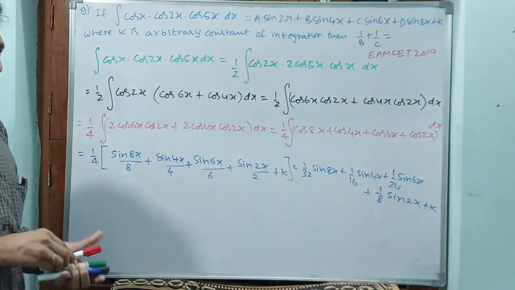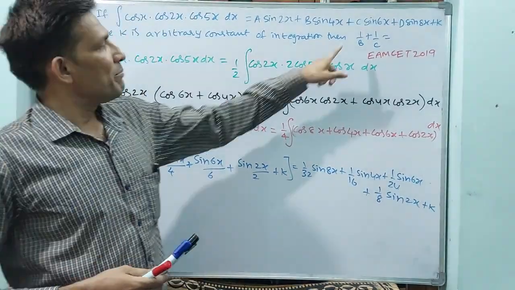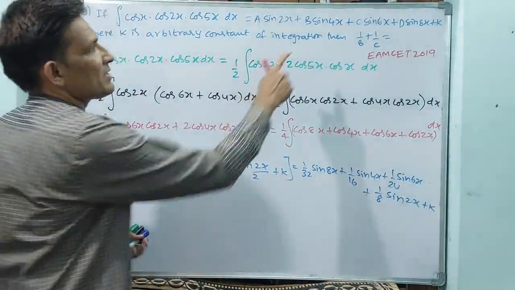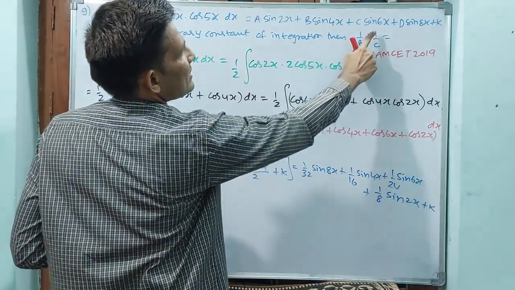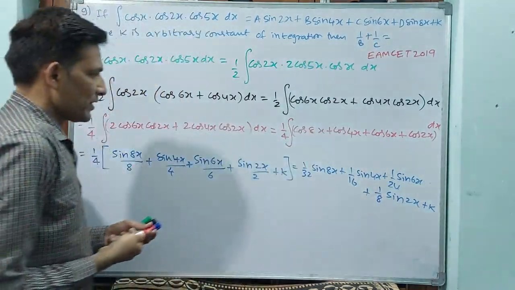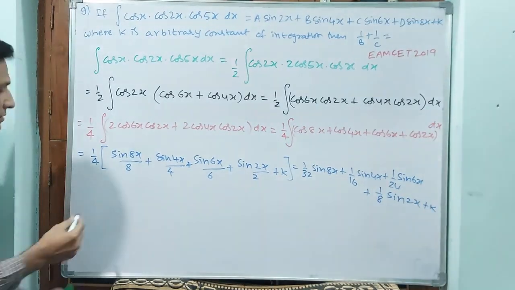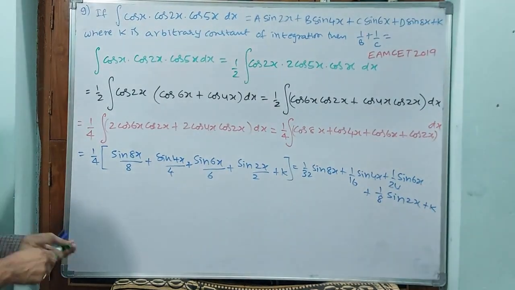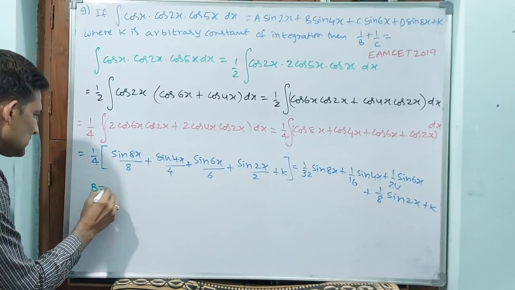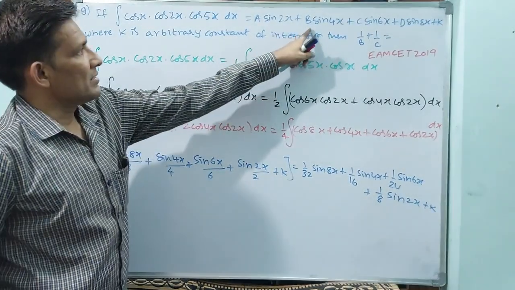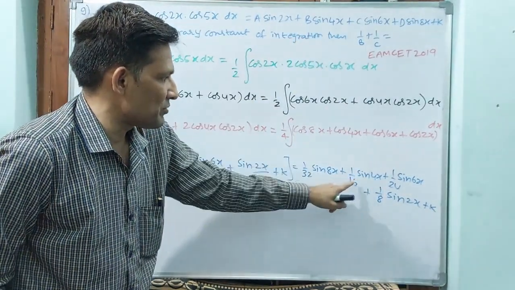You see, don't see all. You see only b and c. B and C means sin 4x coefficient and sin 6x coefficient you require. Okay, write down. B is equal to sin 4x coefficient, 1 by 16.